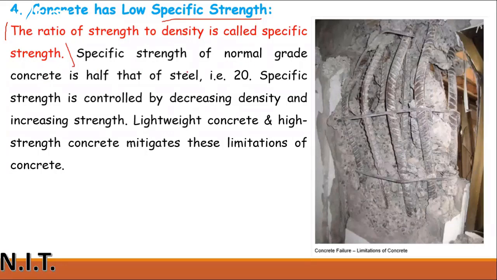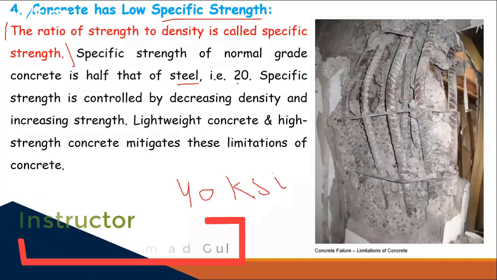Specific strength of normal grade concrete is half that of steel. For example, the steel strength is 40 KSI, then the concrete will be 20 KSI. It's just an example.